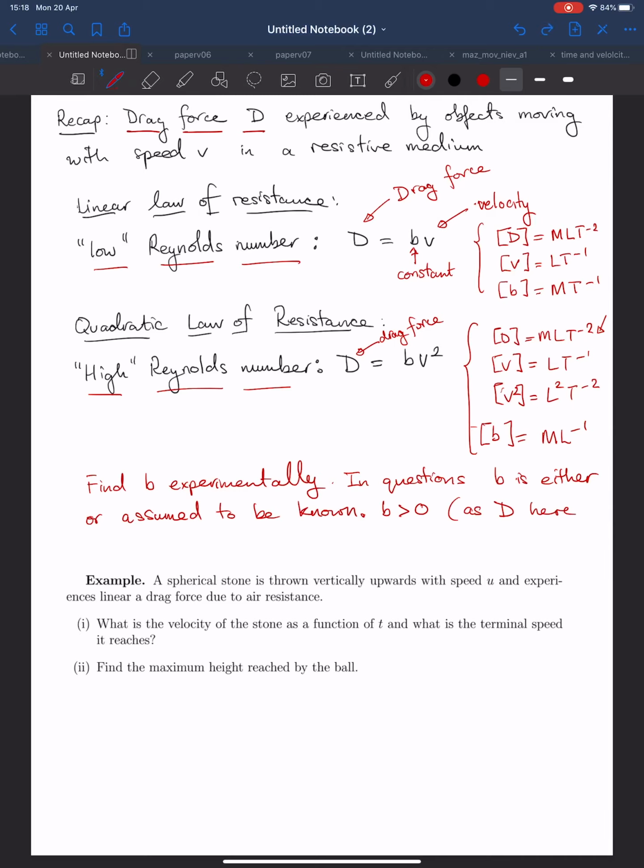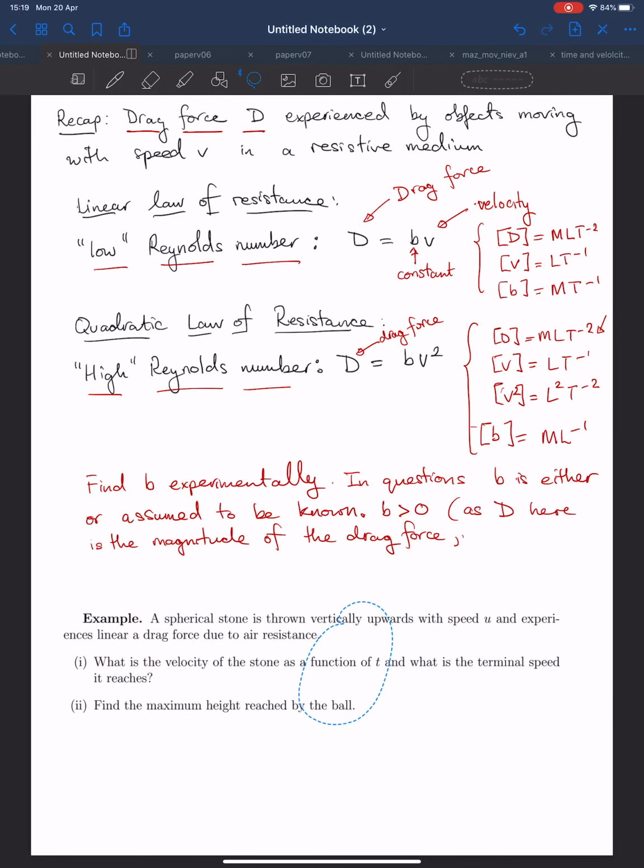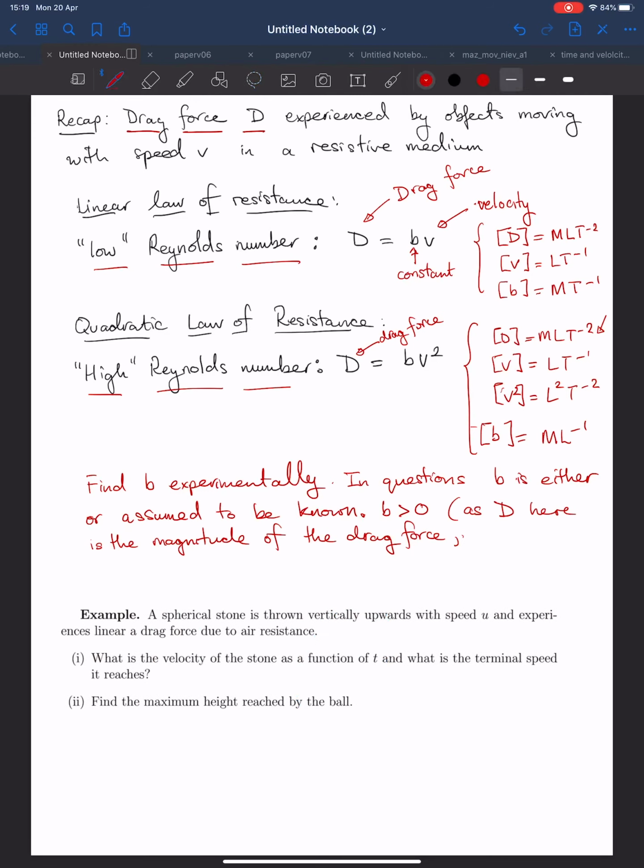So D here is the magnitude of the drag, and it will be up to us to decide the direction or the sign with which we need to supply this magnitude in order to construct a force vector representing the action of the drag. And as it's the magnitude, D has to be positive.